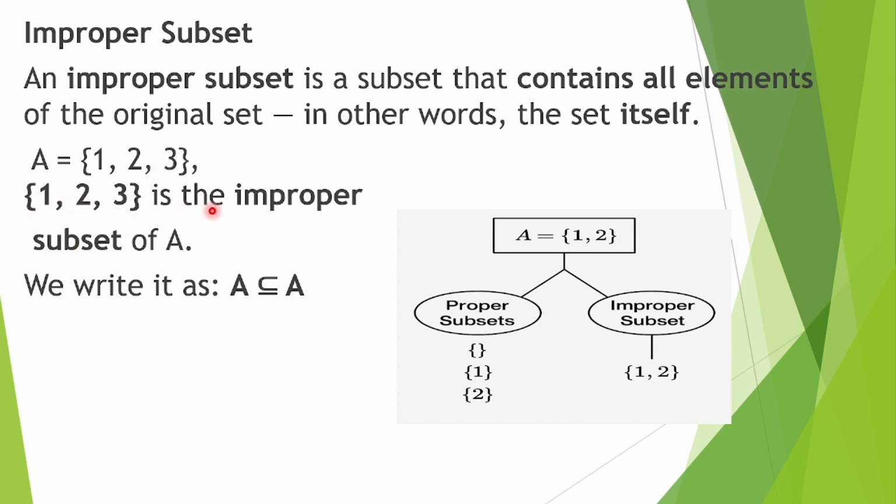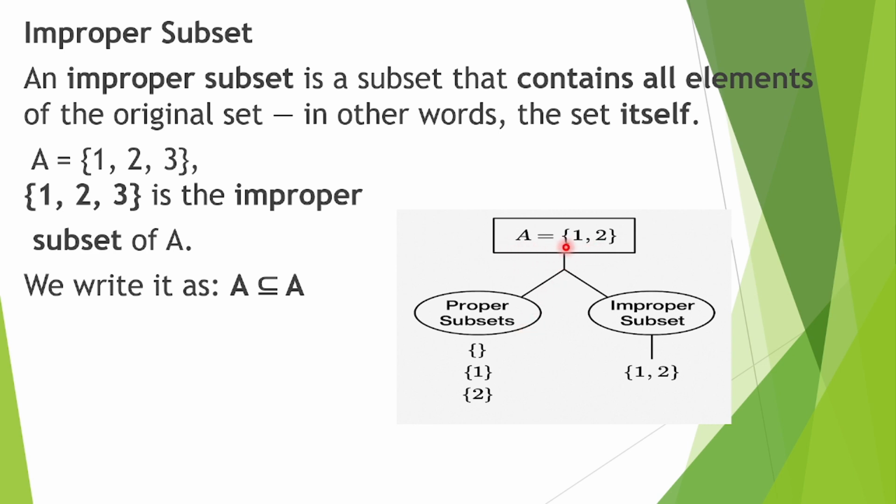Therefore, {1, 2, 3} is the improper subset of A, and we write it as A is an improper subset of A. If you see over here, this is a pictorial representation. This is a set A = {1, 2}. So how many subsets does this set have?